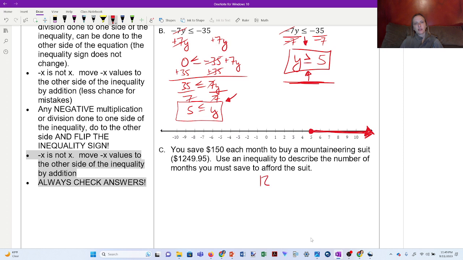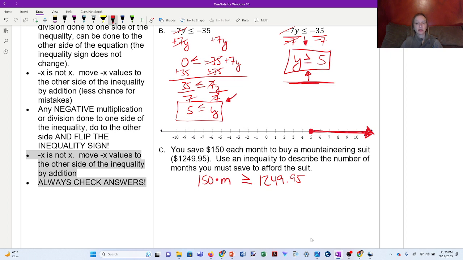So I'm trying to save $1,249.95, and I can save a certain amount each month, 150, times the number of months that I work. And of course, this money that I save needs to be greater than or equal to the cost of the suit. If I have less than, I won't be able to purchase the suit.